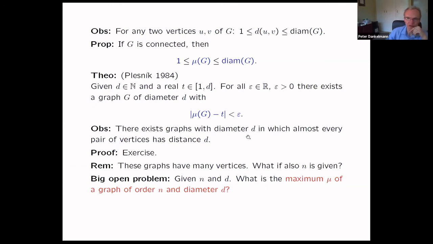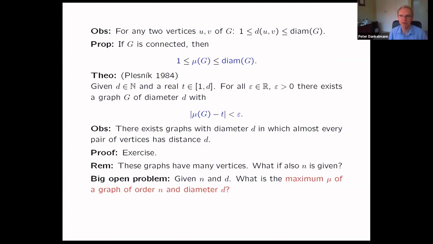The whole construction that he gave is a little bit complicated, but I find it quite enlightening, and that's one of the things that I suggest you could look at: try to construct a graph that has the given diameter, let's say d, and the distance between almost every pair of vertices is equal to d.